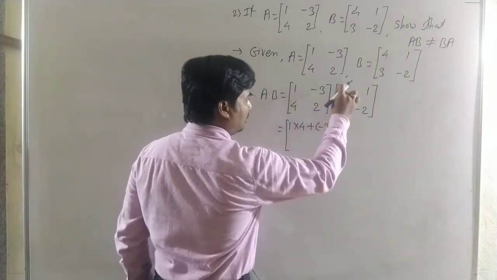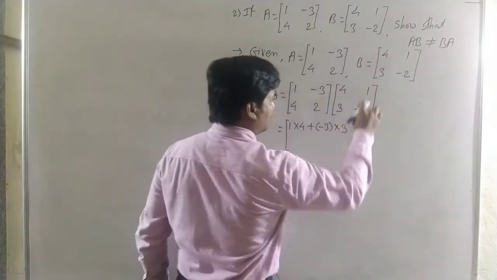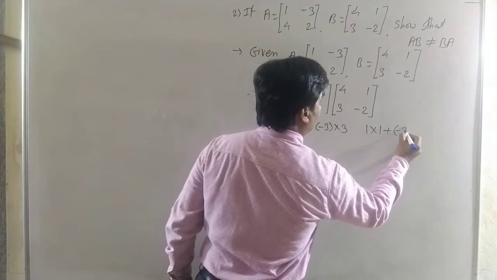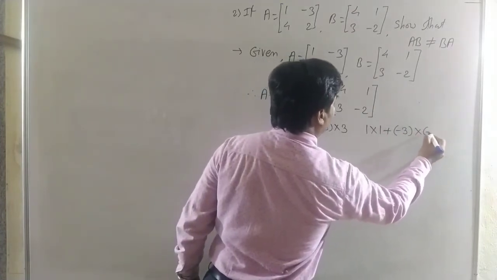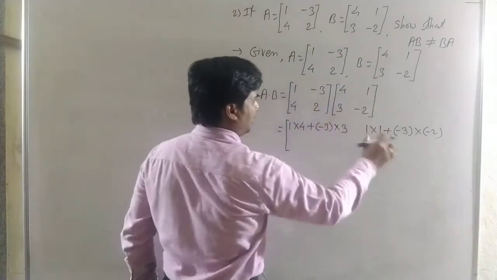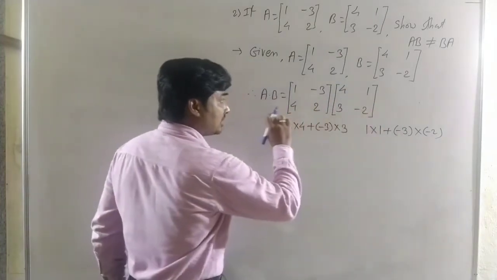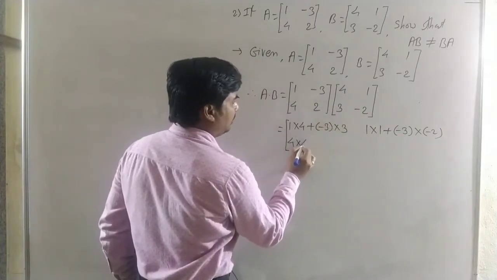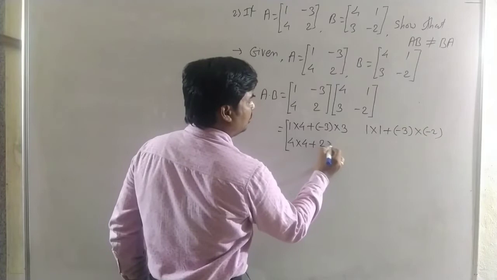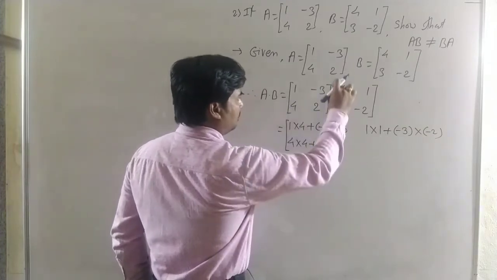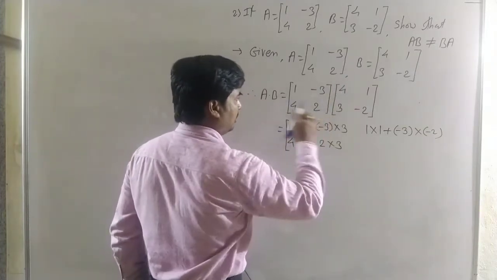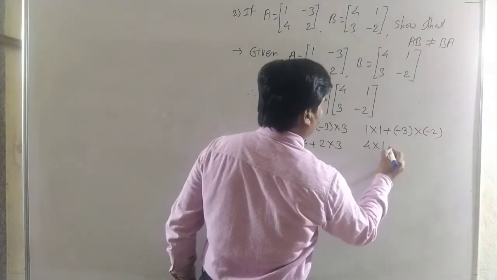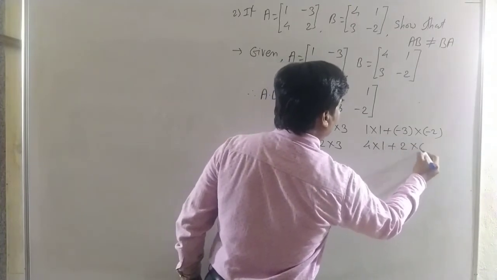That is the first row first column. Now first row second column: 1 into 1 plus minus 3 into minus 2. Now the second row first column: 4 into 4 plus 2 into 3. Now second row second column: 4 into 1 plus 2 into minus 2.